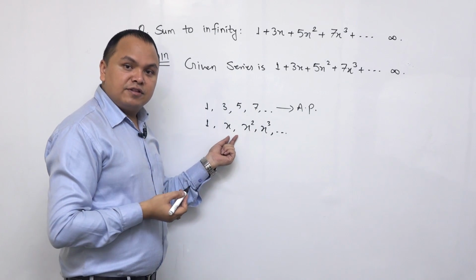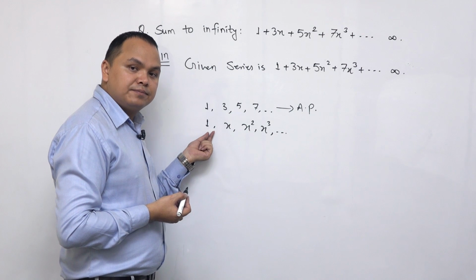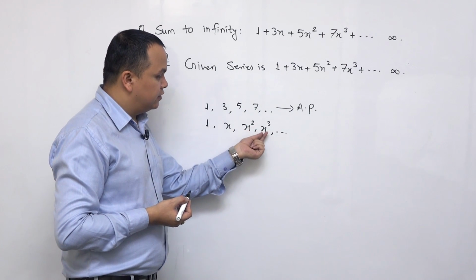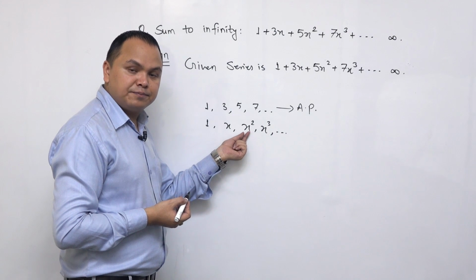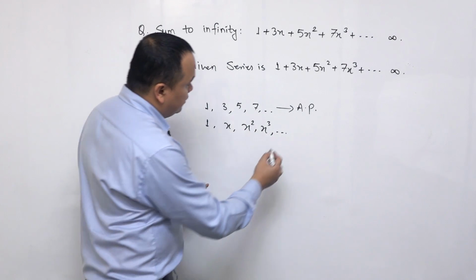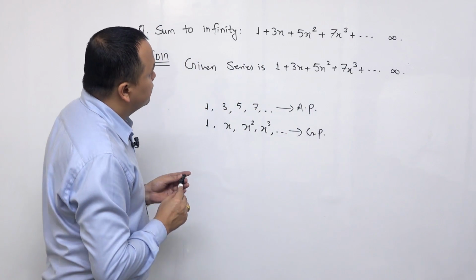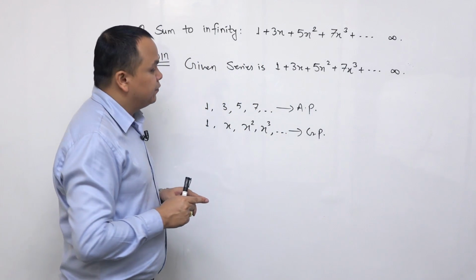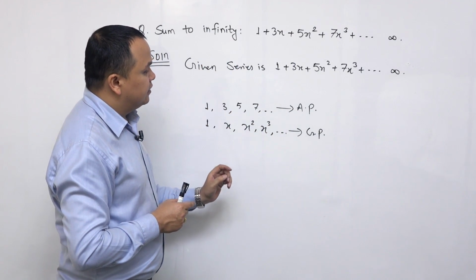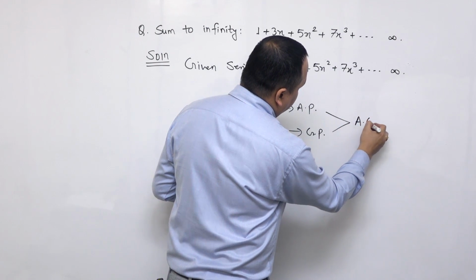Then they are in GP because T2 by T1, T3 by T2, T4 by T3, all ratios are same. This is GP. So given series is arithmetico-geometric, that is AG series.